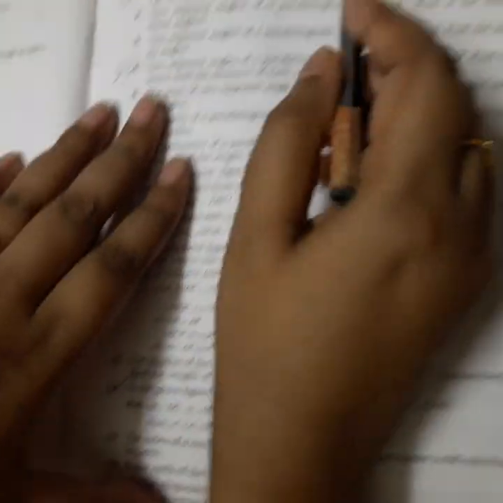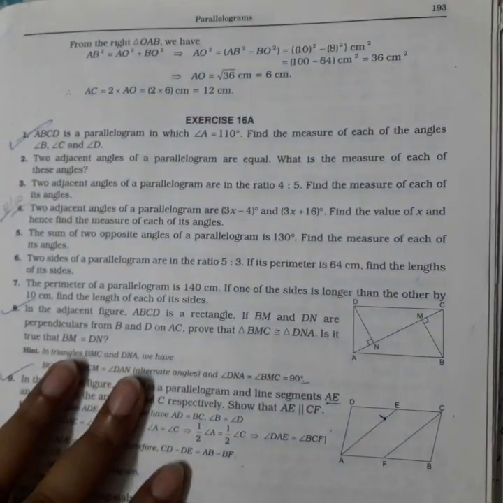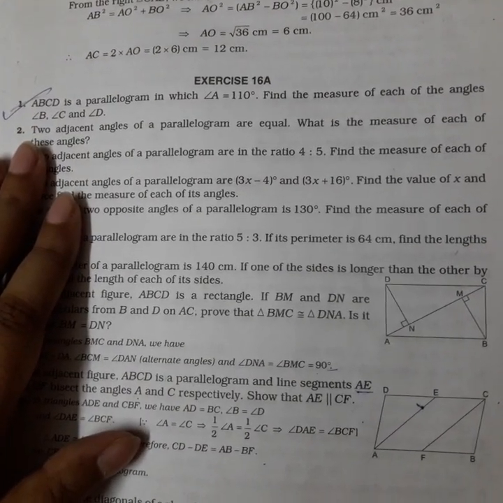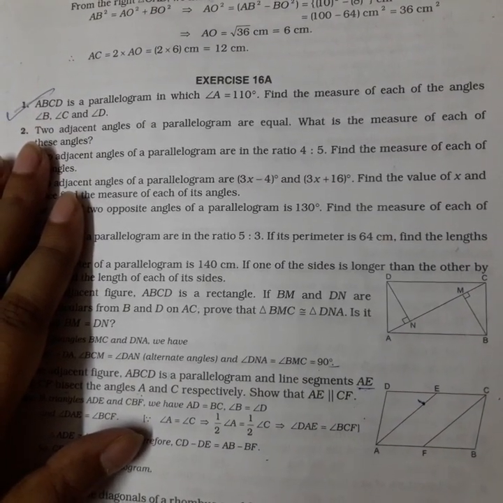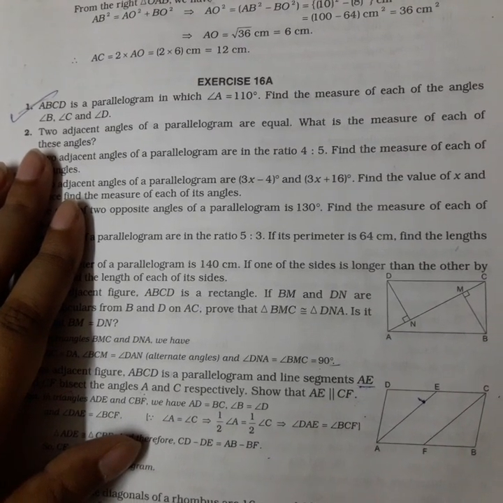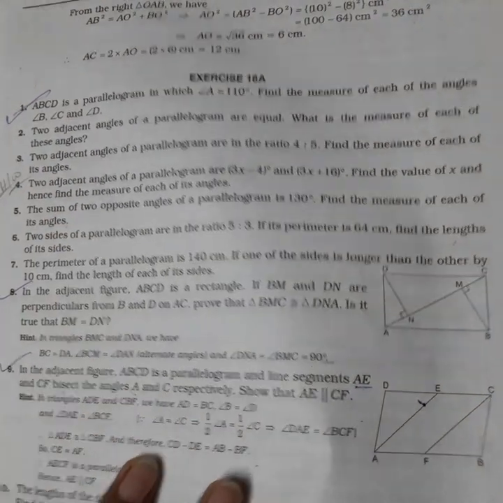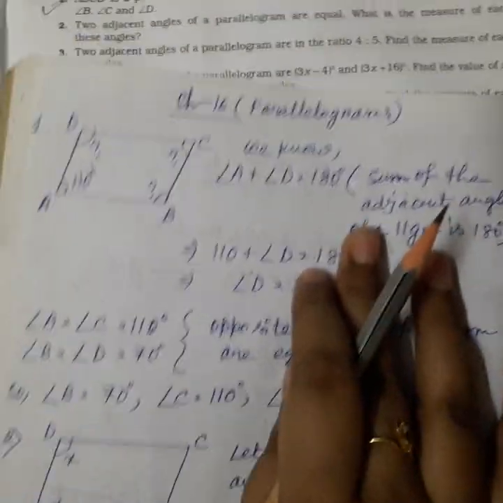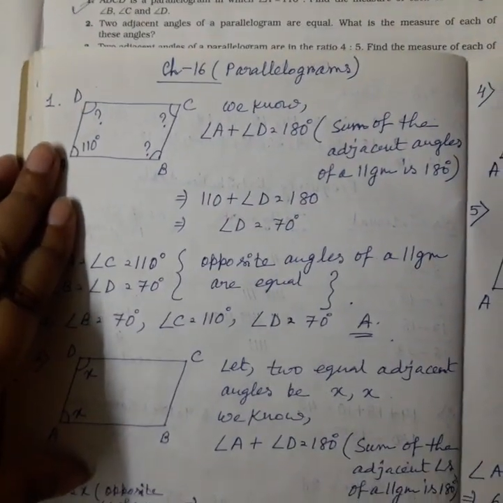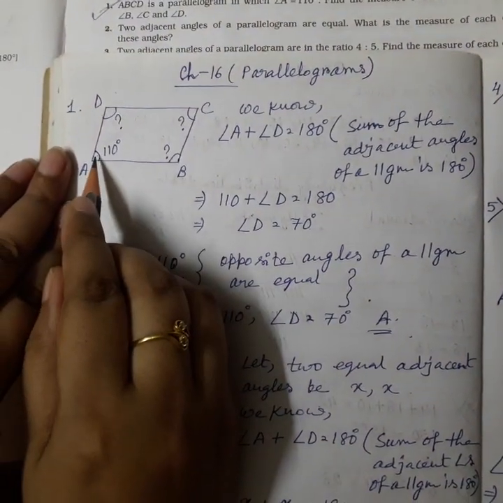Now we are going to the exercise. In exercise 16A, question number 1 it is given: ABCD is a parallelogram in which angle A is 110 degrees. Find the measure of each of the angles, angle B, angle C and angle D. So I have drawn the figure. See that ABCD is a parallelogram where angle A is given.